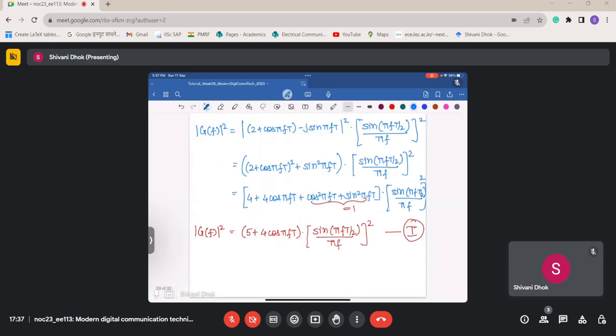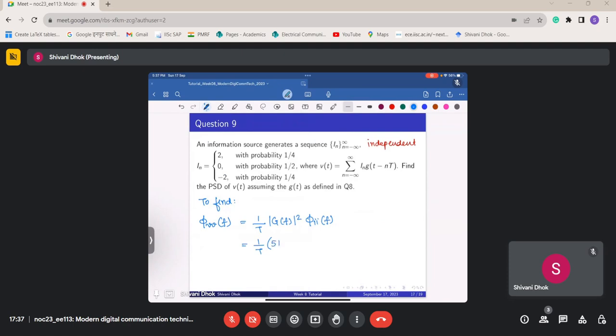So this is simply 5 plus 4 cos pi f T multiplied by sine of pi f capital T by 2 upon pi f whole square, multiplied by phi I of f. So basically we need phi I of f.